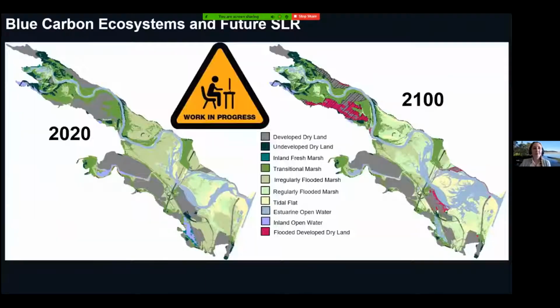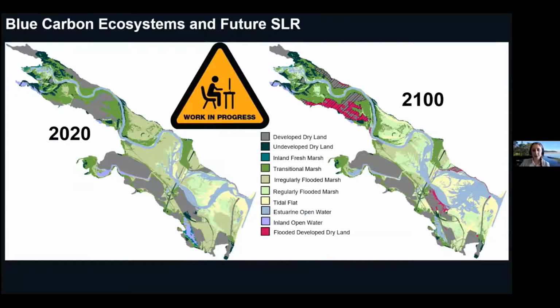Okay, so here we have my work in progress. This is a map of the current vegetation distribution in the Swartkops estuary in 2020, and what our preliminary results suggest 2100 will look like under 1 meter of sea level rise. So we can see this bright pink area is flooded developed dry land, and that suggests there is vulnerability to sea level rise.